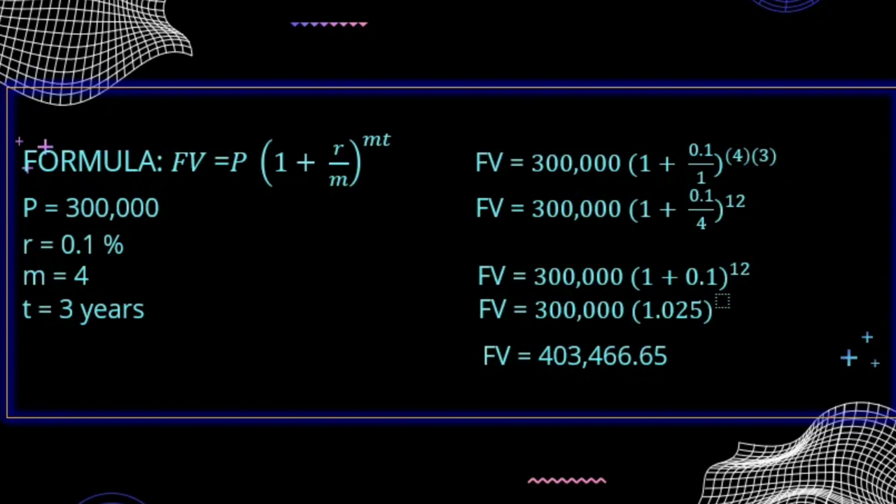So once we added 1 to 0.025, the answer is going to be 1.025. And then multiply it to 300,000. And we are going to raise it to 12, which is the exponent. So the answer is going to be 403,466.65.